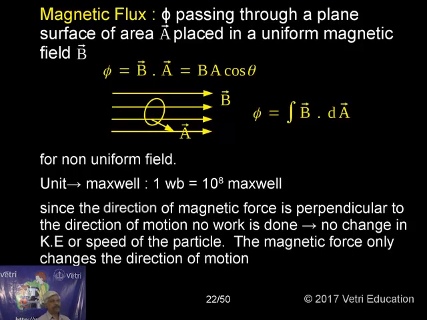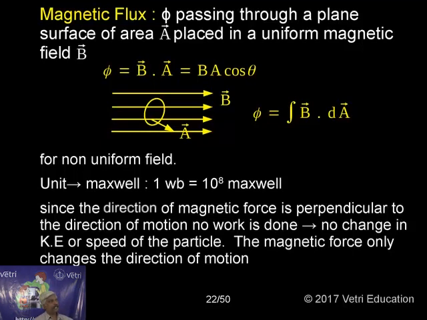Then phi is equal to B dot A, or BA cos theta. For a varying, non-uniform magnetic field, phi is equal to the integral of B dot dA. So generally, for a uniform magnetic field, it is BA cos theta. How can I understand whether it is a uniform magnetic field?